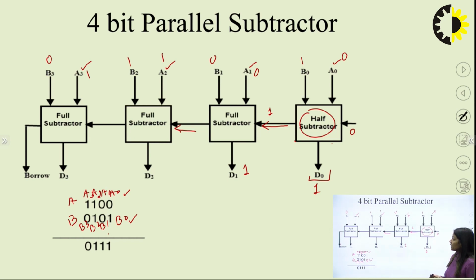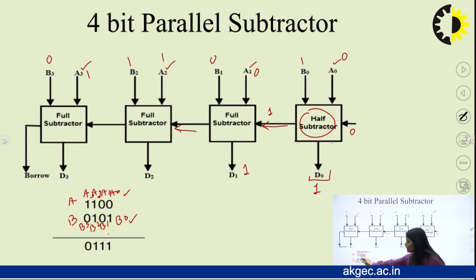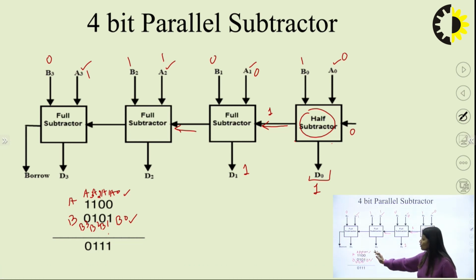Again, if any borrow is there, obviously if I say 0 minus 1, that cannot be, so here it would be 1 minus 0, and there will be no borrow to the third full subtractor. And again here we will do 1 minus 1, giving the borrows to the next ones, and then 0 minus 1, obviously there would be 1 borrow, and 1 minus 1, and 0 minus 0 will be 0.